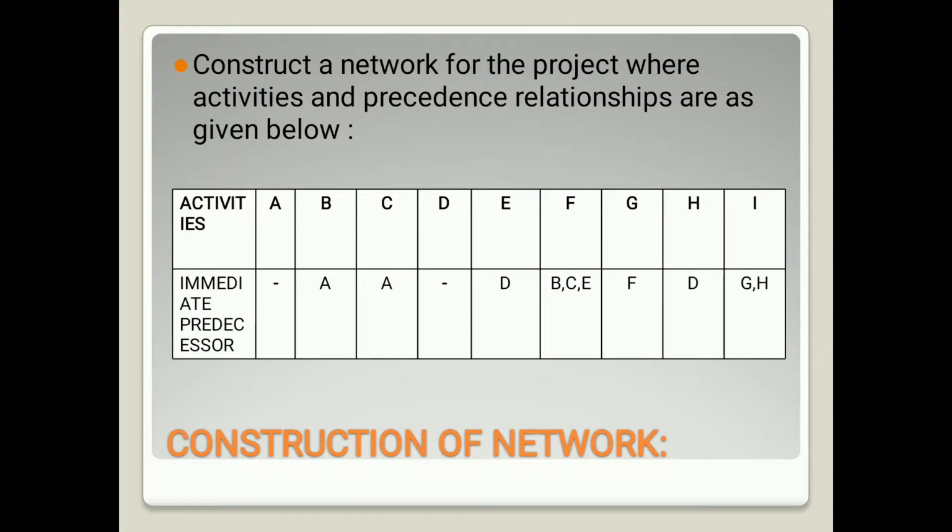Now see, A is the predecessor for both B and C, which means B and C are coming from A, and from D, E is coming out, and from B, C and E, F is coming out, and now from F, G is coming, and from D, H. Here, E and D are the predecessors of H, and in the same way G and H are the predecessors of I. This is the question.